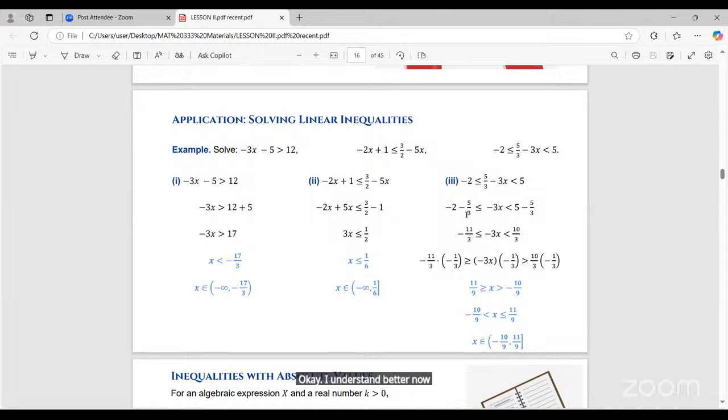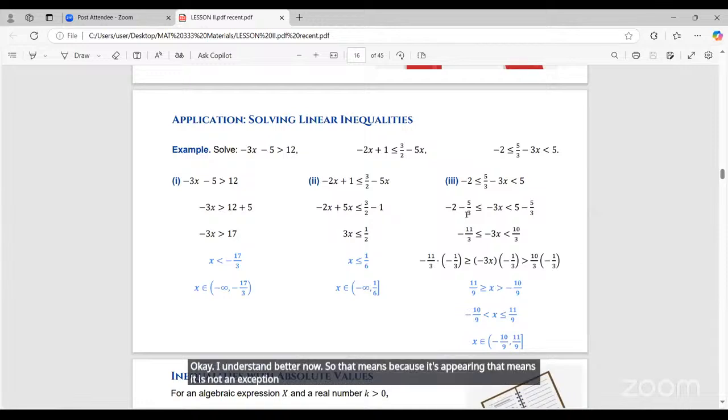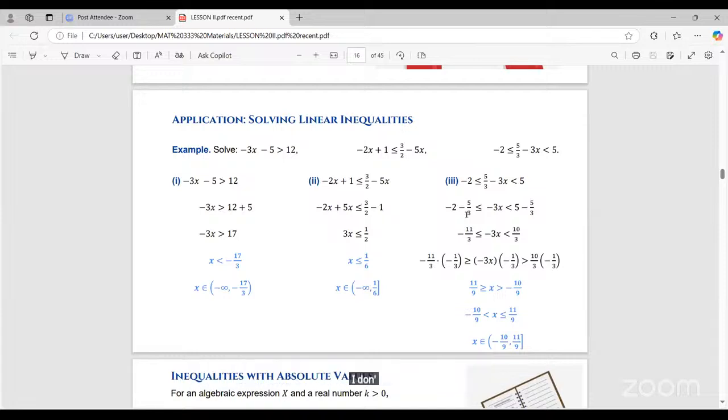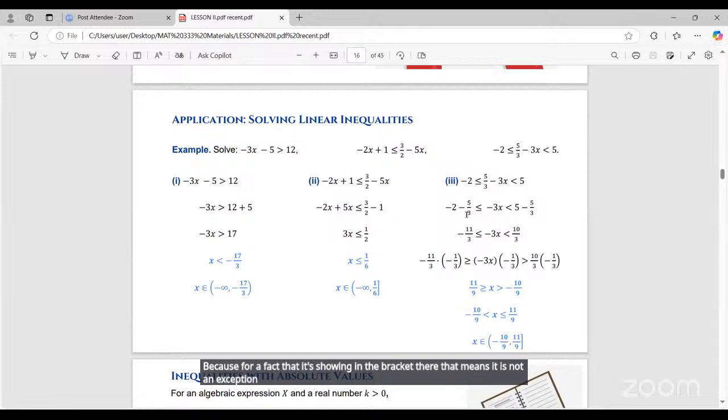So that means because it's appearing, it is not an exception, even if it is infinite. No, it's not.